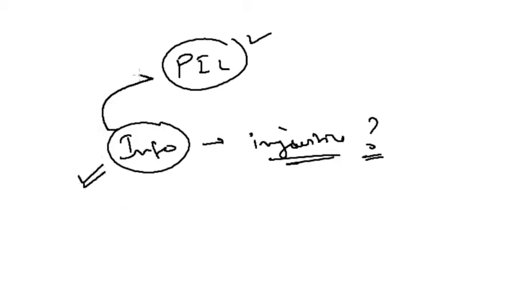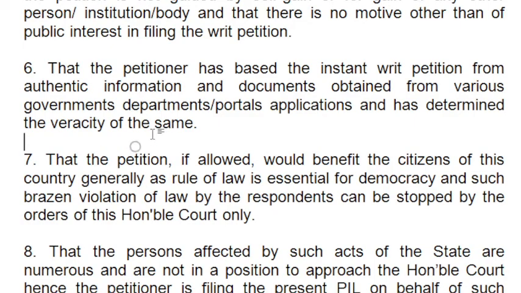So that is why you are filing a PIL. So this is what it says: if you are filing this PIL and seeking an order from the court, then the information or documents that you have obtained or received must be from a valid source. You cannot file an arbitrary PIL. It will be rejected.